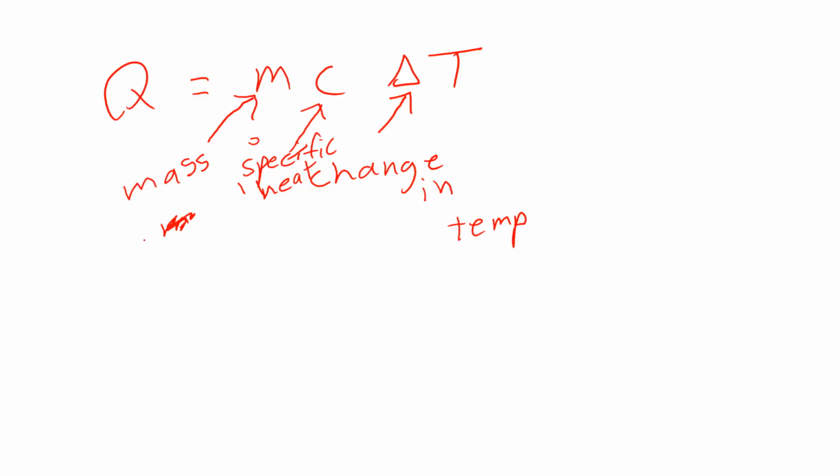Now, most often when we're dealing with these kinds of problems, we're dealing with water as the fluid, for several reasons. One, water is what's called the universal solvent. Do you know the terms solute and solvent? We've got a term called solution.